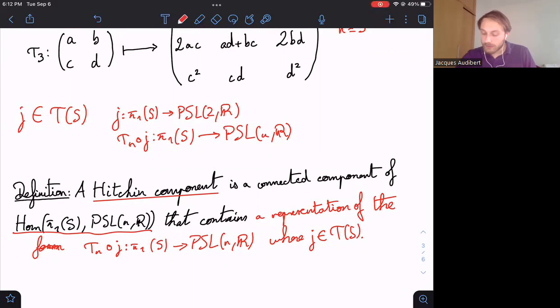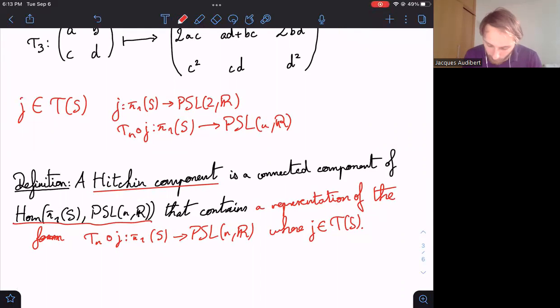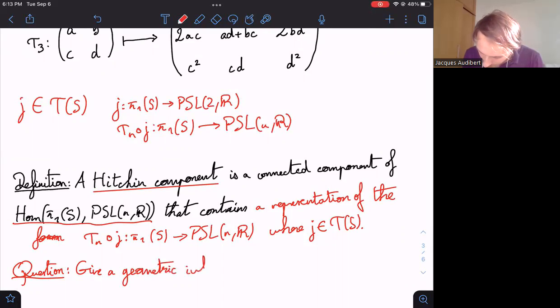So this component attracted a lot of attention recently. There are various people working on it, trying to understand its geometry, and one of the questions people try to answer is to give a geometric interpretation of the Hitchin component.